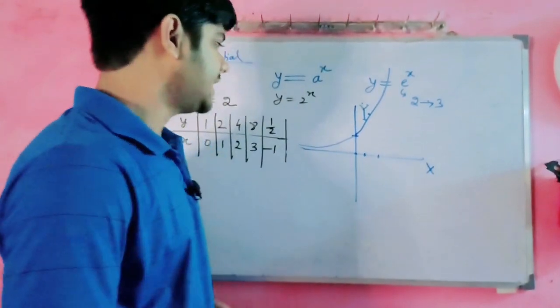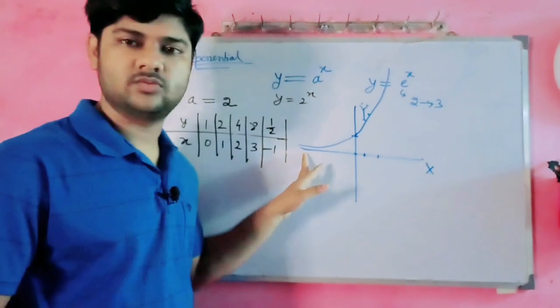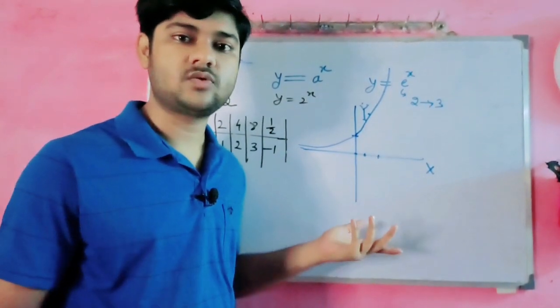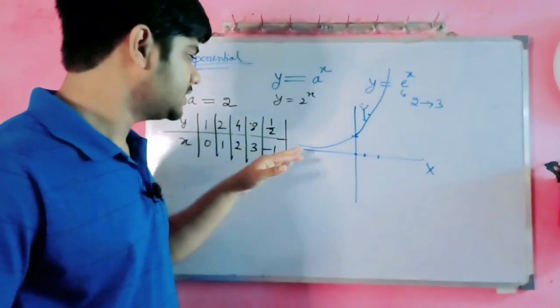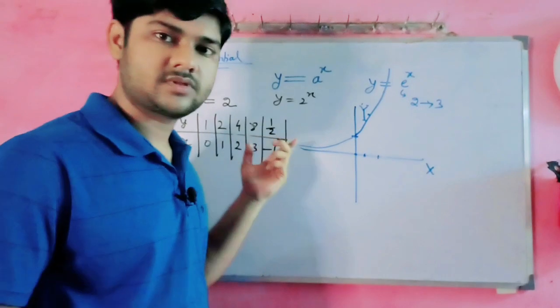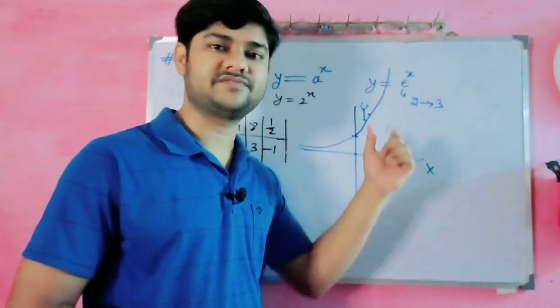Asymptotic means at minus infinity it will meet at a y value, but we don't actually know what infinity is or what it implies, so we call it asymptotic towards that direction.